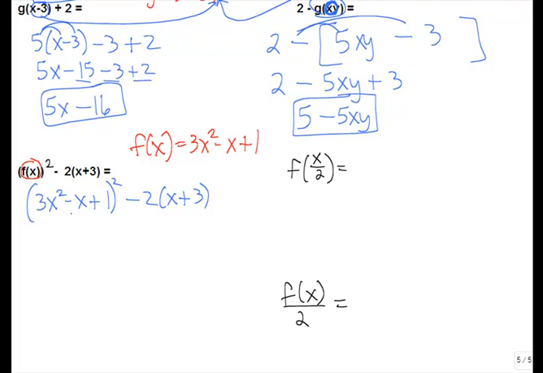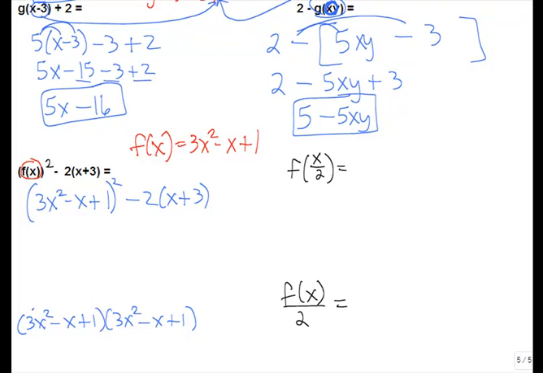And that's going to require a little bit of FOILing going on here. You might need to do a little bit of scratch work, so let me do some down here. We want to FOIL this out, so I'm going to write it side by side. And that just means we're going to be distributing. We actually have 3 terms times 3 terms, so that means we're going to end up with 9 terms.